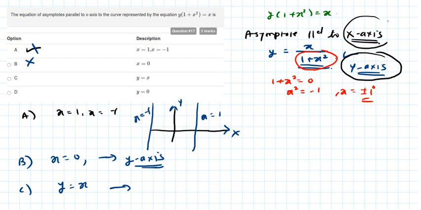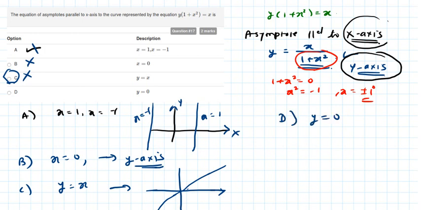This line is passing through the origin and is symmetric in the opposite quadrant, and it is also not parallel to the x-axis, so option C is also wrong. Option D says y equal to 0, which is nothing but the equation of the x-axis. So the x-axis itself is the asymptote which is parallel to the x-axis. So option D is the right answer.